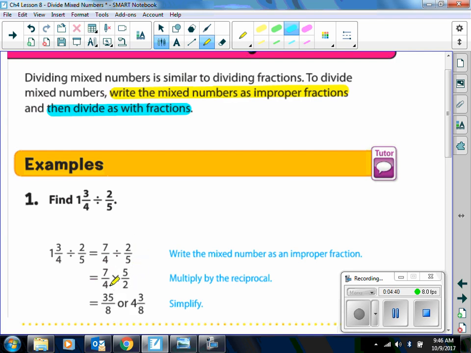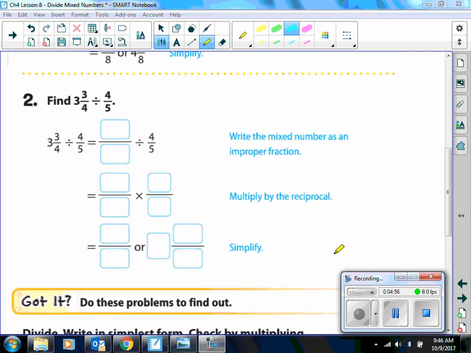And of course, we can't simplify anything here before we multiply. When we multiply straight across, we end up with 35/8. Once you get that, you're going to get your final answer by changing that improper fraction back to a mixed number. All right, let's fill out these blanks here.